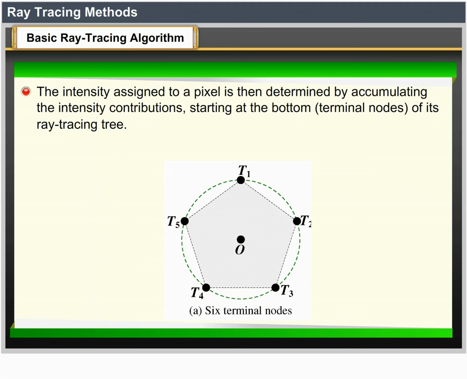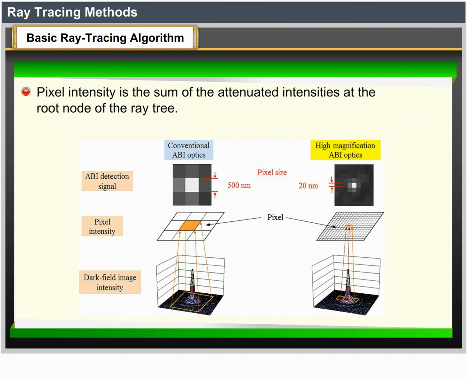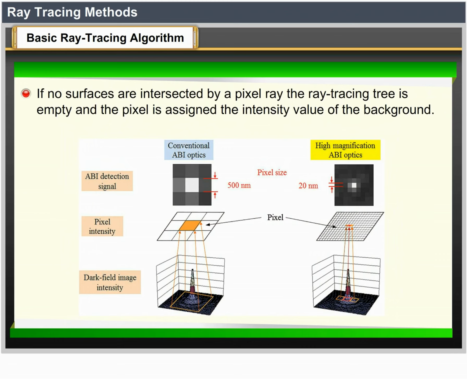Surface intensity from each node in the tree is attenuated by the distance from the parent surface, the next node up the tree, and added to the intensity of the parent surface. Pixel intensity is then the sum of the attenuated intensities at the root node of the ray tree. If no surfaces are intersected by a pixel ray, the ray tracing tree is empty and the pixel is assigned the intensity value of the background.